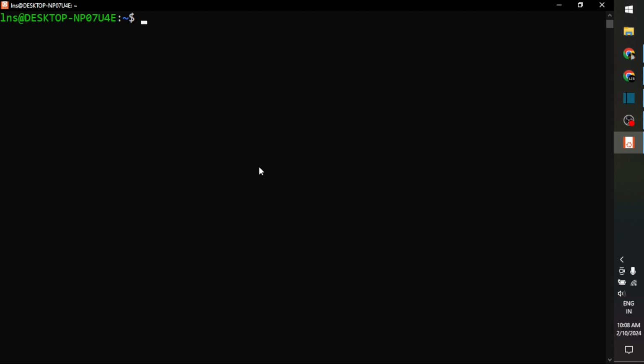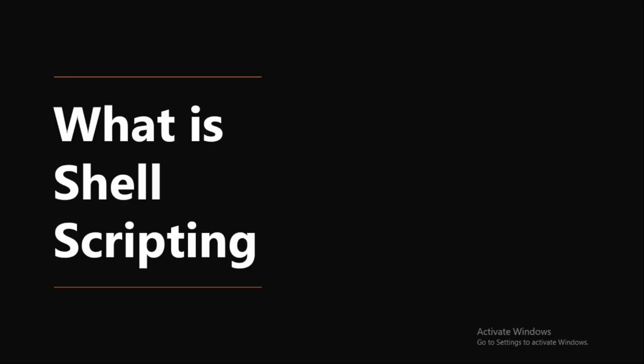The command is echo $SHELL. My current shell is bash, which is Bourne again shell, the type of shell I'm currently using on my Ubuntu.